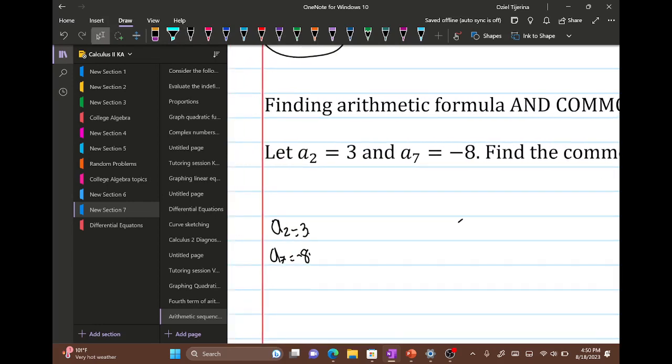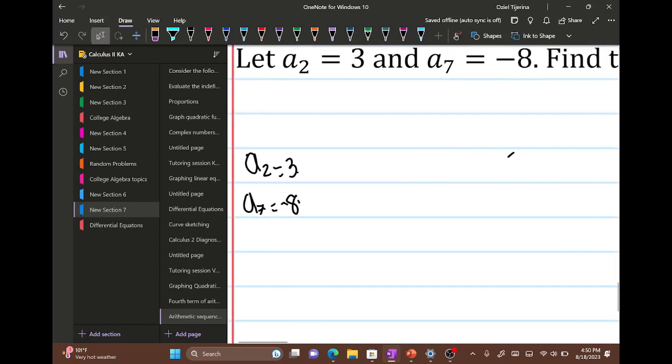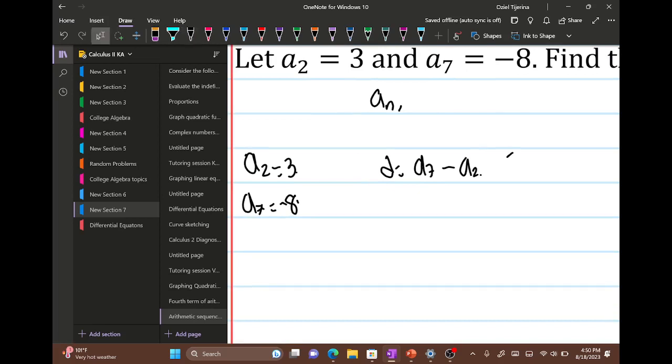Obviously we don't have that right now. We know two things. However, in order to find the common difference, d can be defined as, if we have two terms, it's going to be a sub 7 minus a sub 2 over -8 minus 3.